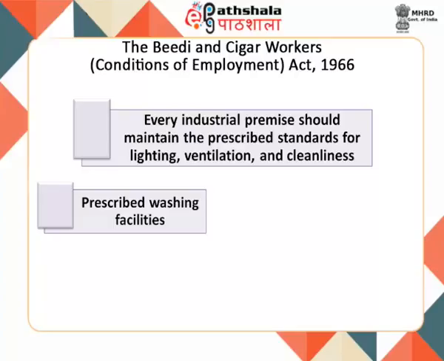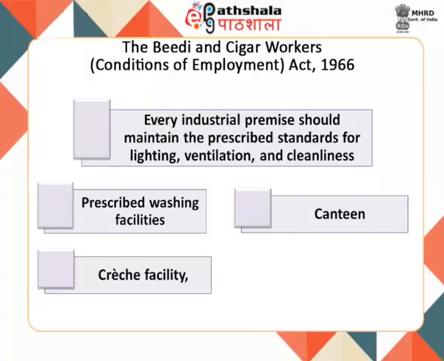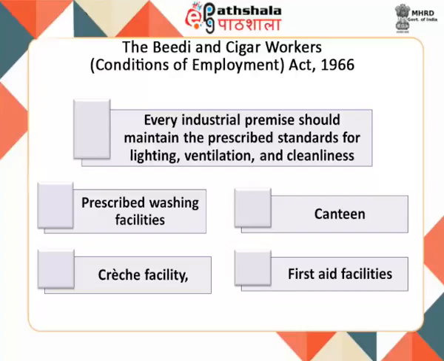Prescribed washing facilities in every industrial premises where blending or sieving or both of tobacco or warming of beedi in hot ovens takes place. Canteen where 250 or more workers are employed. Daycare center facility if employing more than 30 women workers. And first aid facilities at every industrial premises.